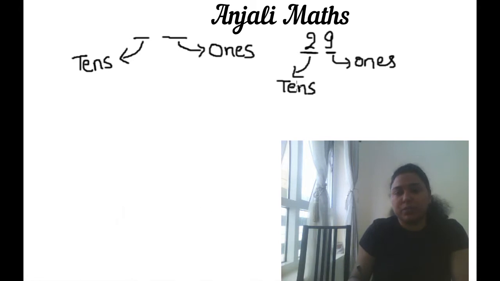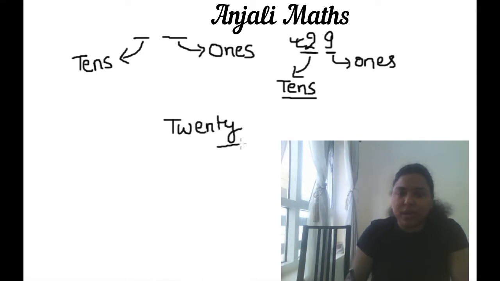And how will we write this number in words? Here you can see this is 2 and it is in the tens place. We will write 20. We add ty at the end of the tens place number, apart from 1.